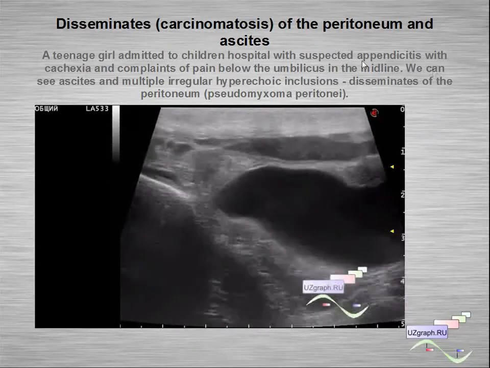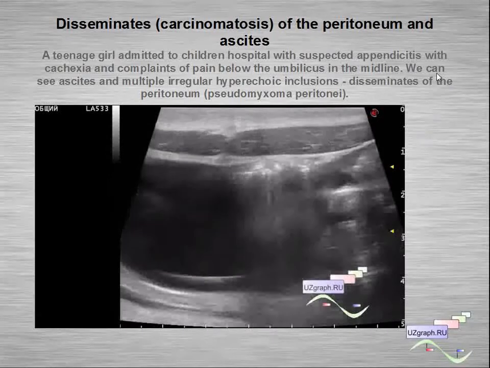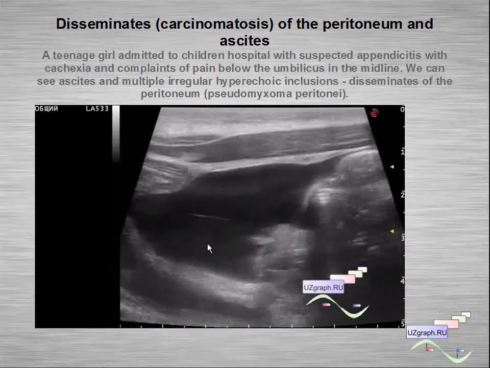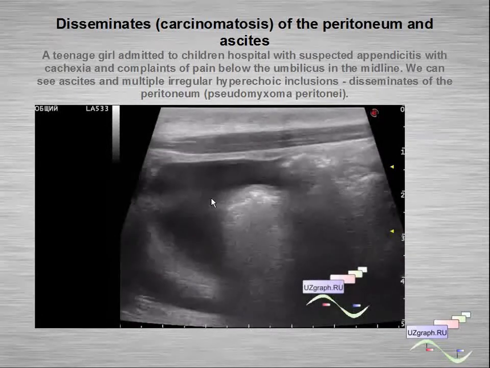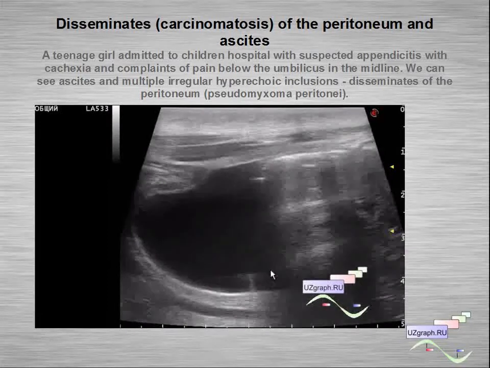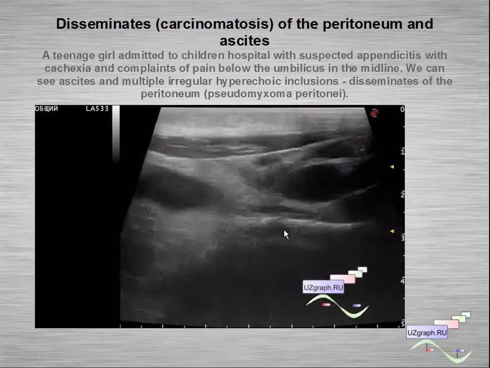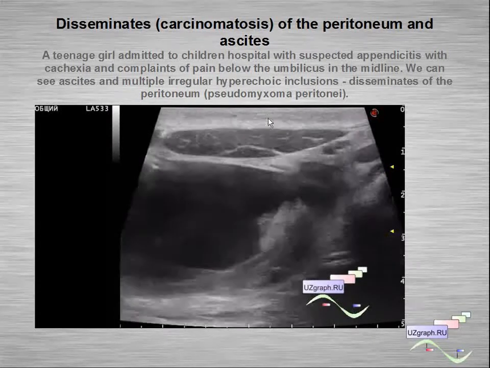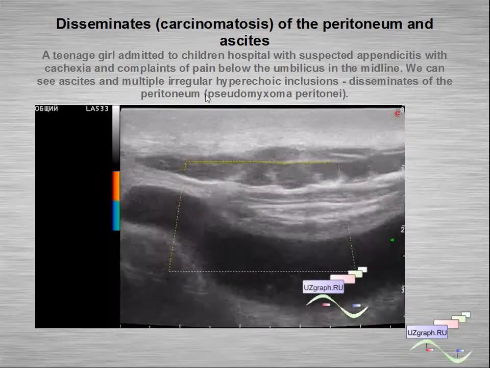Clinicians suspect appendicitis, but we found a big amount of free fluid, ascites, and some strange hyperechoic lesions, disseminates of the peritoneum, pseudomyxoma peritonei.